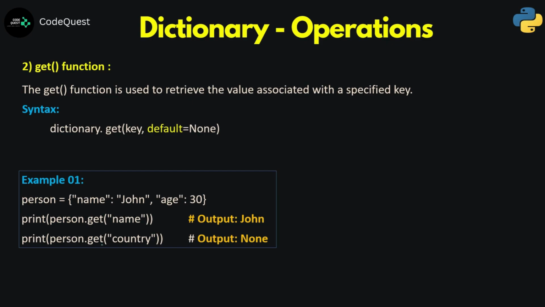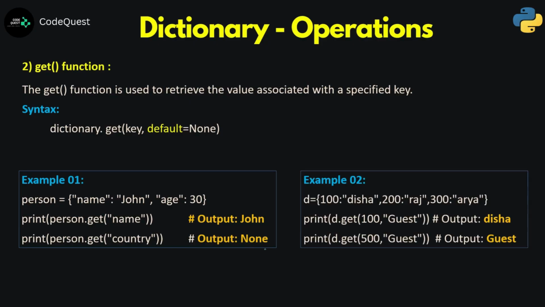But in case I'm trying to apply this get function on a key which is not present in the dictionary, then it is going to return None. Now let's see one more. Suppose we have taken one more dictionary here holding these 3 elements.